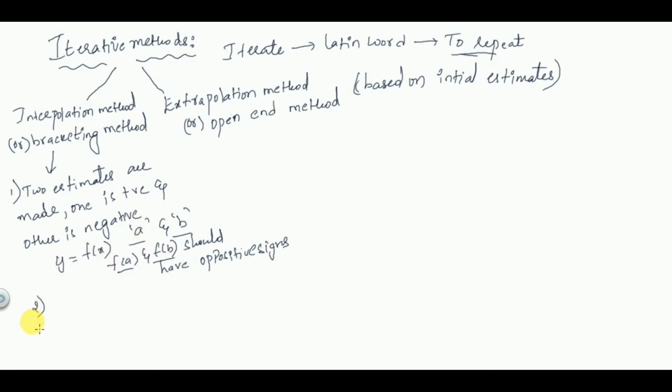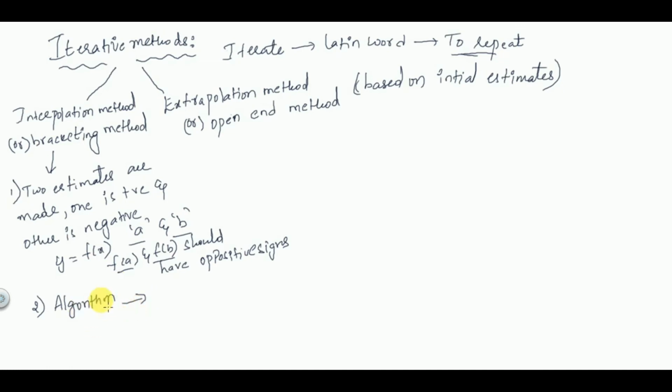Next is the proper selection of the algorithm. Based on the method, you have a separate algorithm or separate mechanism you are going to follow in order to find the successive approximations.